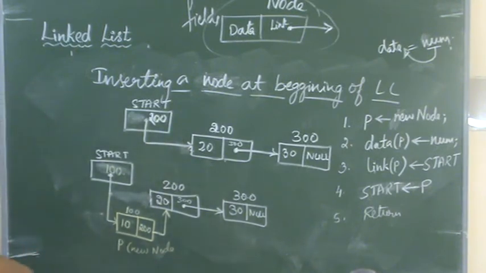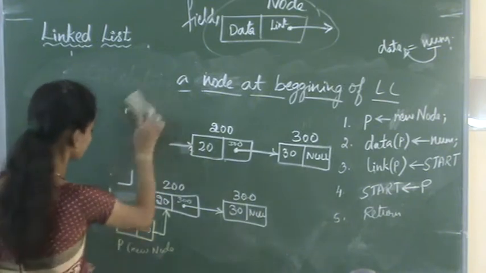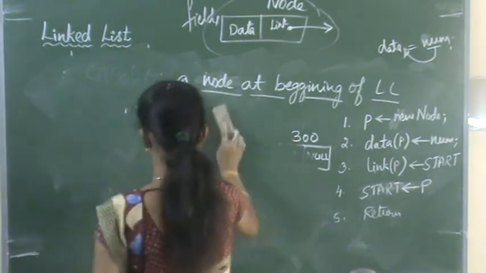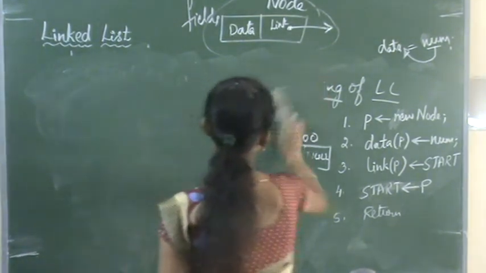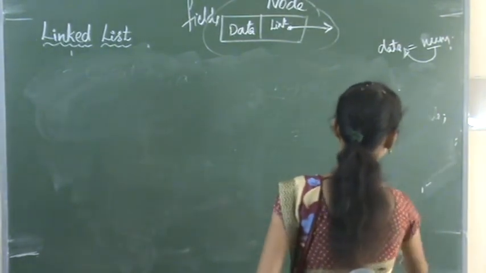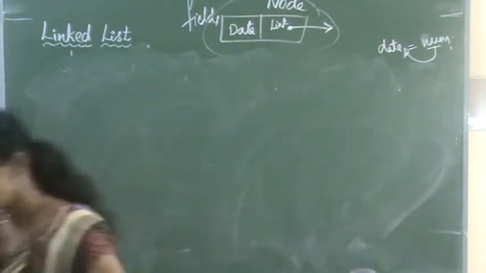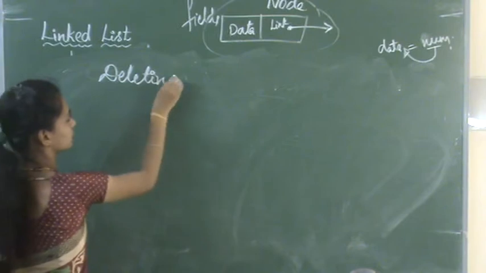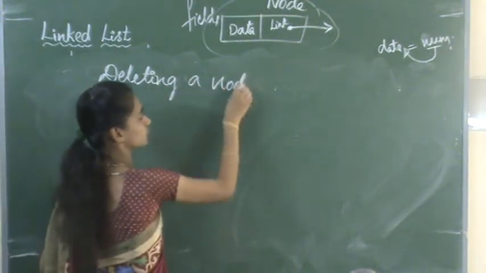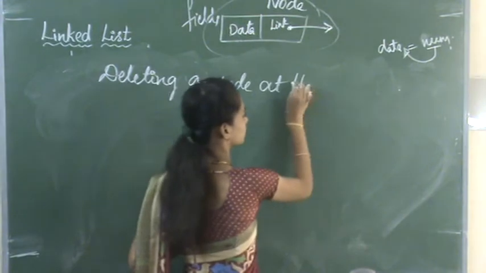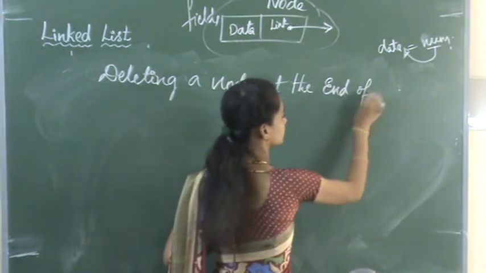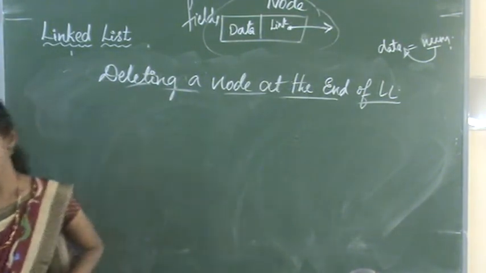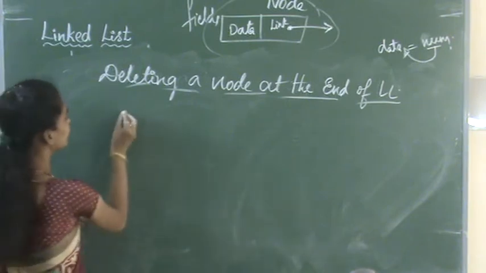Next we have deleting a node. We are deleting the node at the end of the linked list. How will we delete?